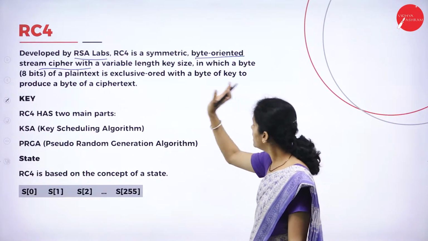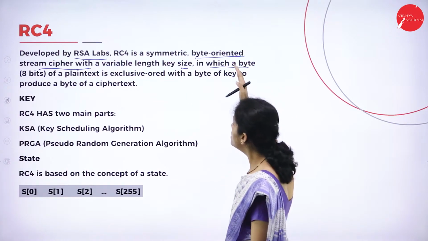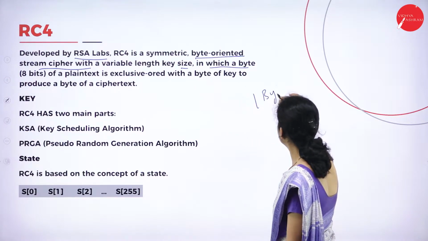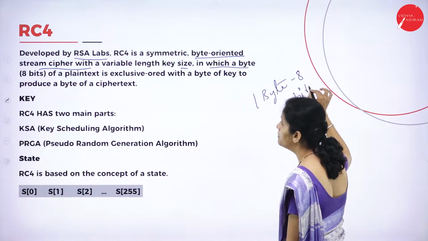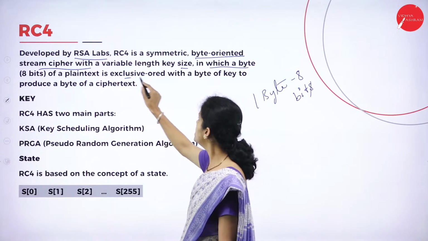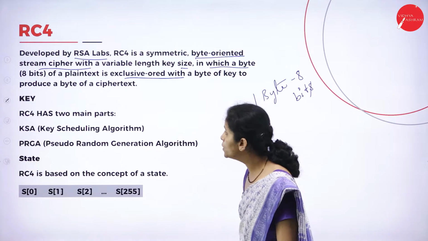The length of the key varies in bytes. What is one byte? That is nothing but 8 bits, and 8 bits of plain text are exclusively ORed with a byte of key to produce a byte of ciphertext.